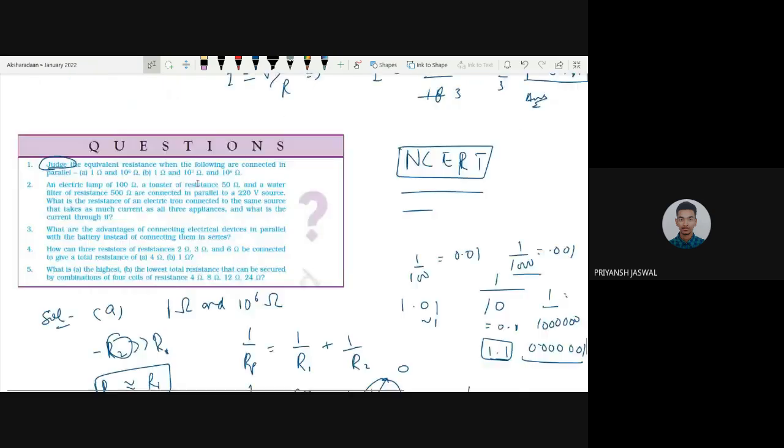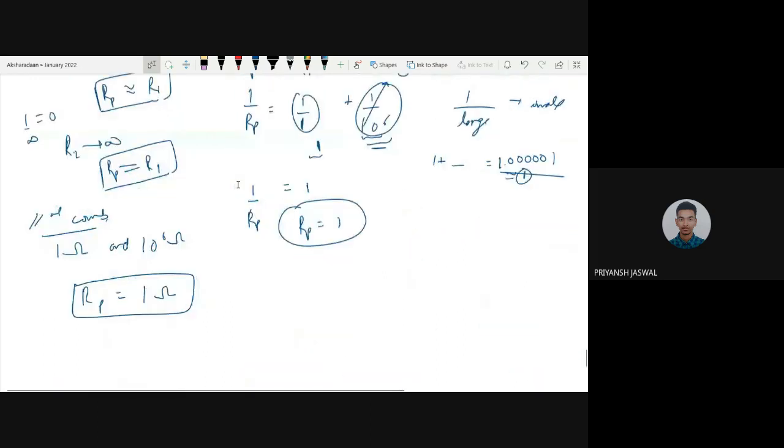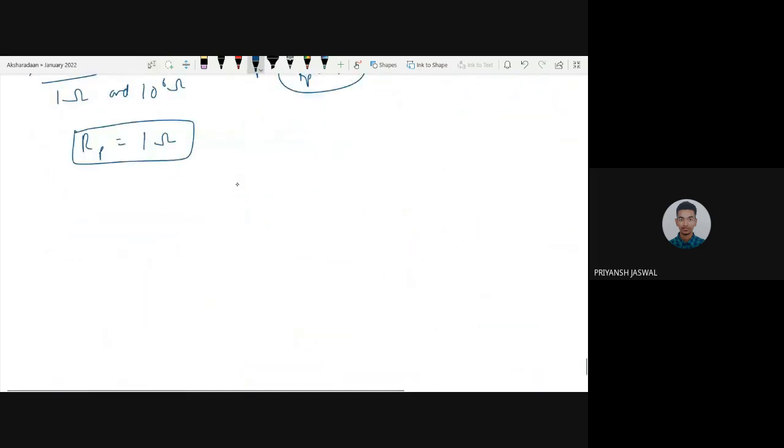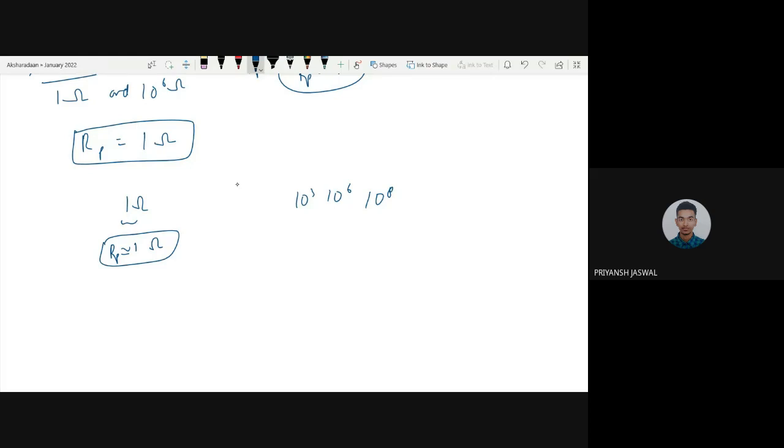B is 1 ohm, 10 to power 3 ohm and 10 to power 6 ohm. Again, same thing. If there is one small resistance and others are very large, no matter how many resistances, then the total resistance will again be approximately 1 ohm only. But if all the resistances are large, say 10 to power 6, and the second one is also 10 to power 6, then there is no neglecting because both are comparable.